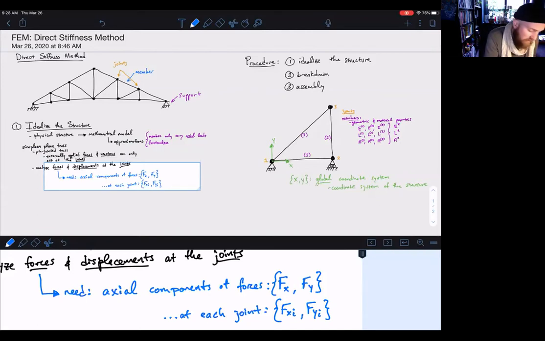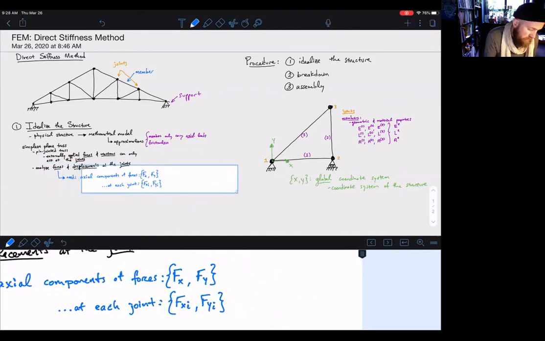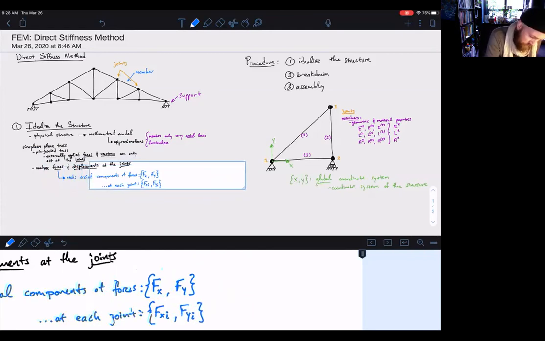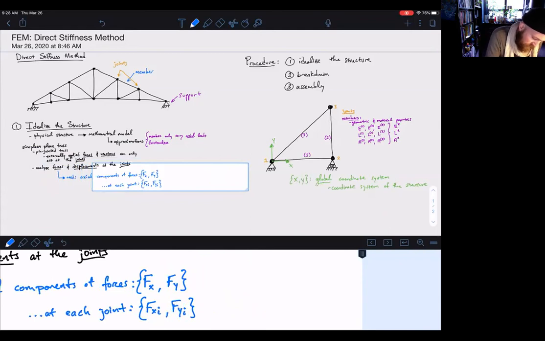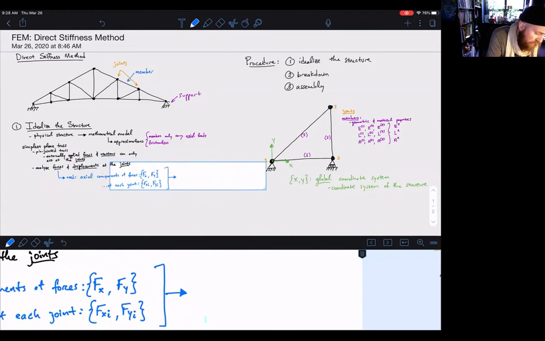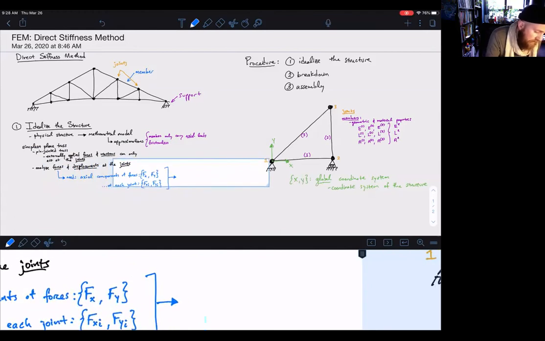And so we could write the force vector. This force vector is going to be a column vector. So we'll be able to capture all these in a column vector F. So we have 3 nodes, and there's 2 degrees of freedom.